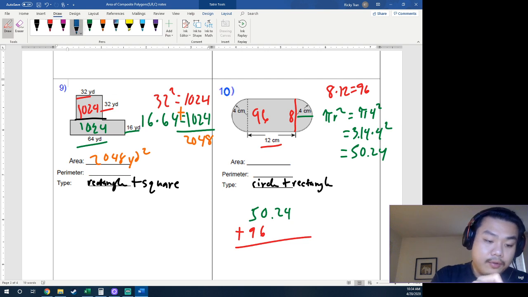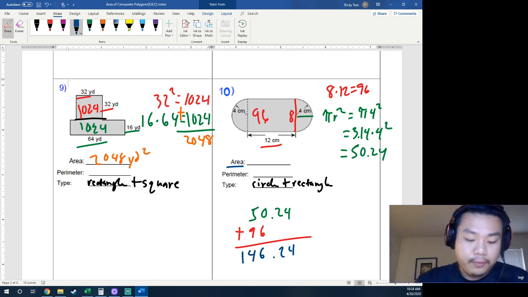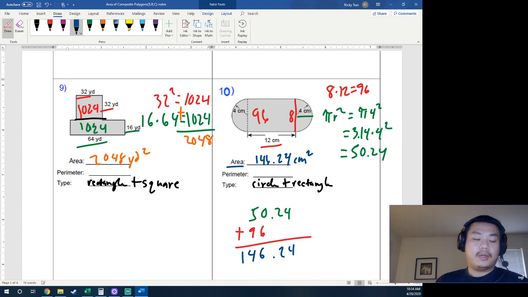That's going to give you 146.24 centimeters squared.